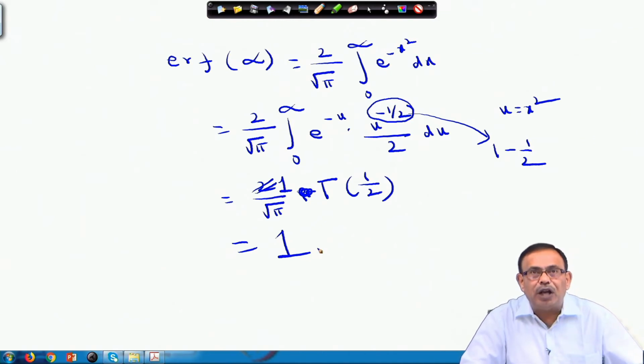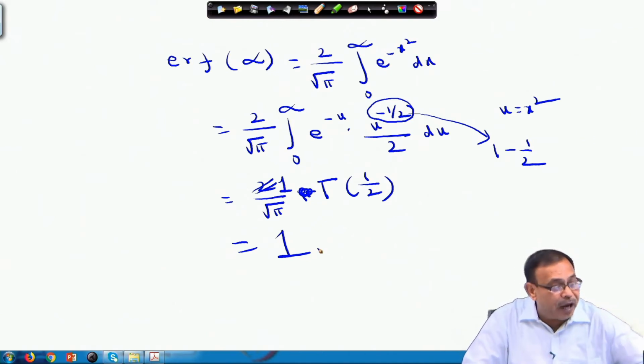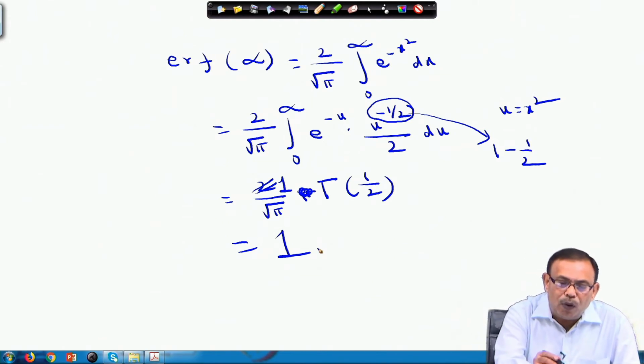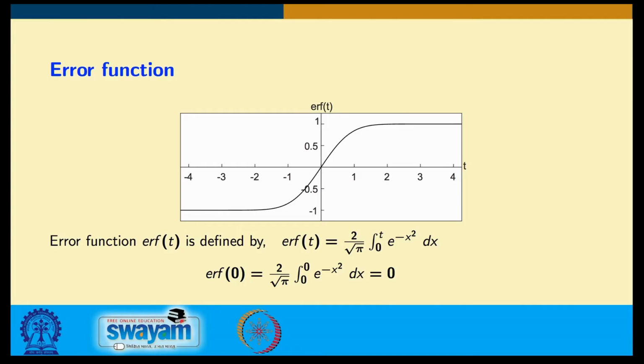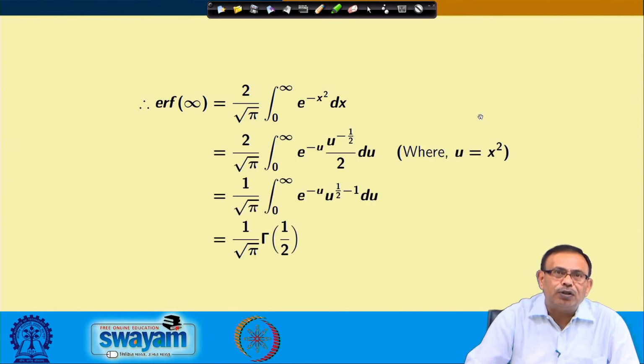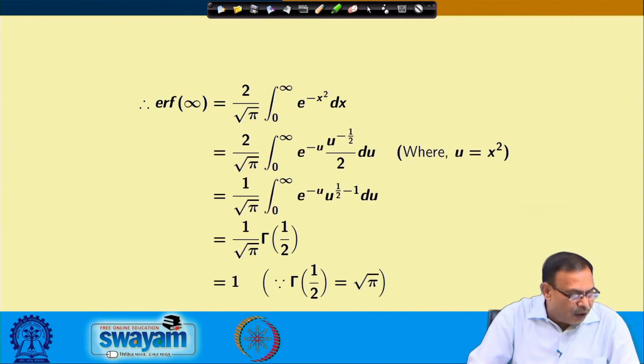So, please note that the value of the ERF function ERF of t as t approaches infinity is equal to 1. So, ERF of infinity, as I was showing you, becomes 1.